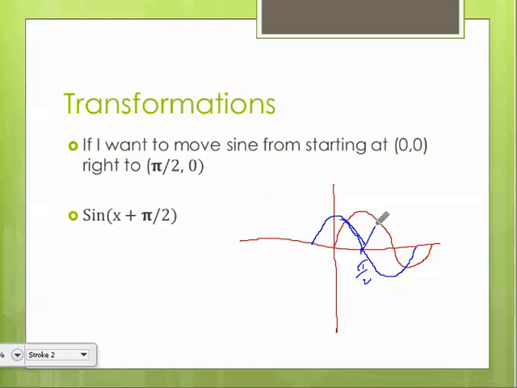I should have started here and done this. Okay, try that again. Shifting it pi over 2 to the right, it would do this, like that. Okay? So I shifted to the right pi over 2 units. That's the way that would look.